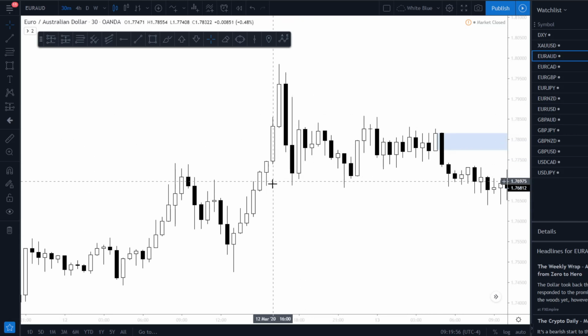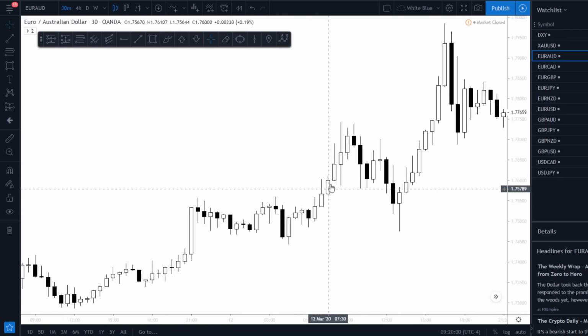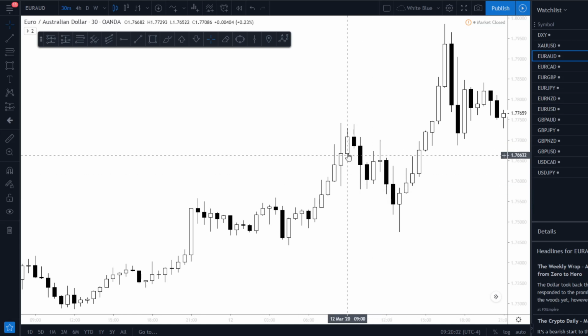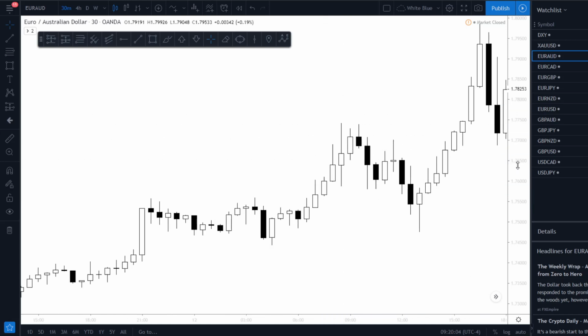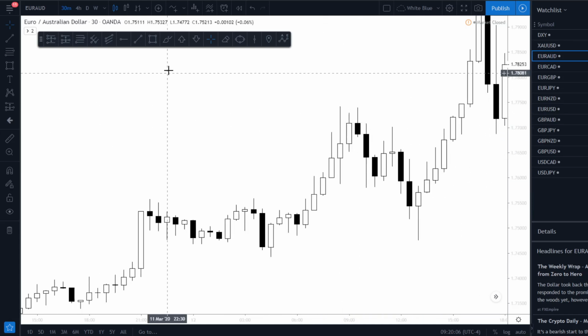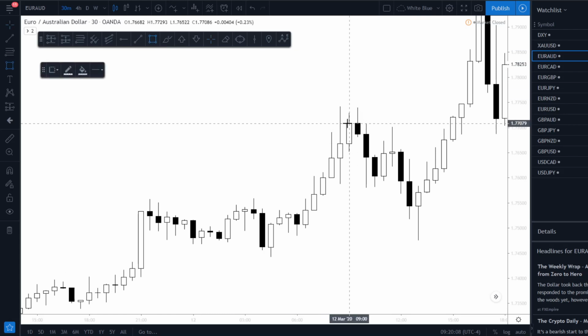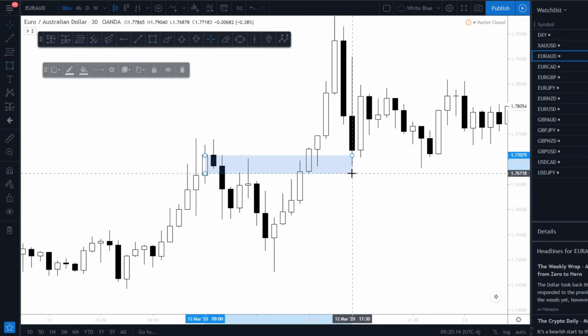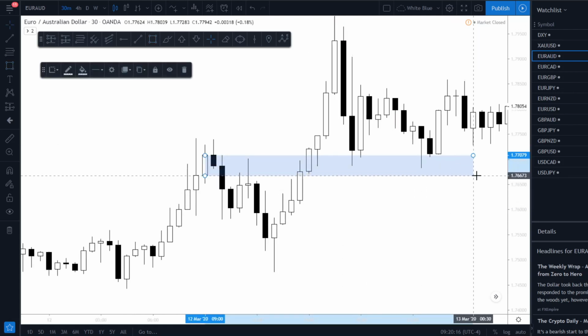So that's not really something I'd be looking for. This is more what I'd be looking for. We've had a move up and just a really clean move down. So we've got a high in here, and I'd be drawing the order block from the high again down to the low of the actual body, and just drawing that out.